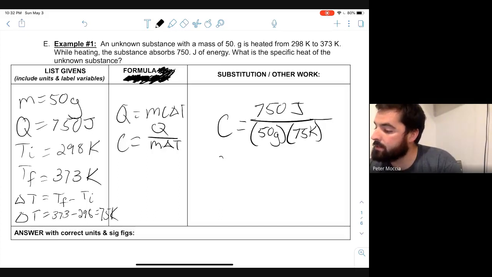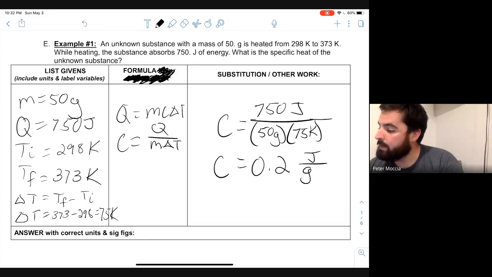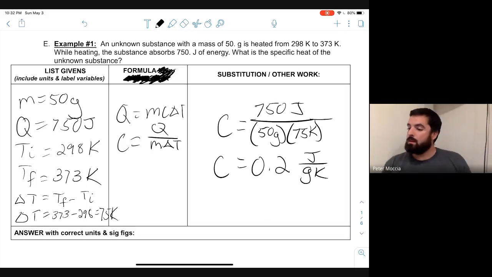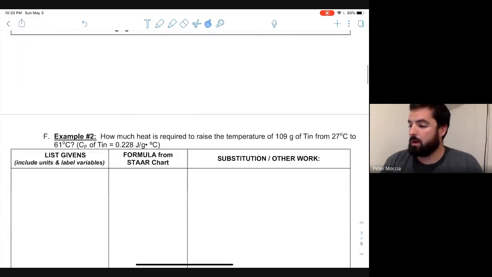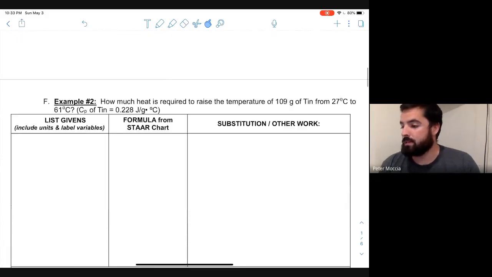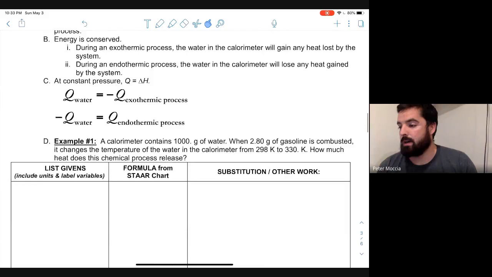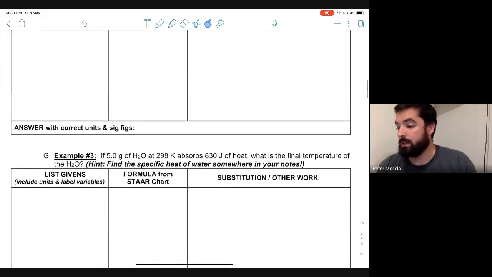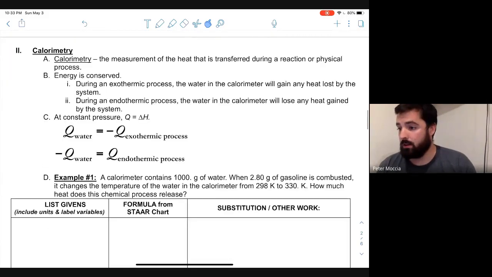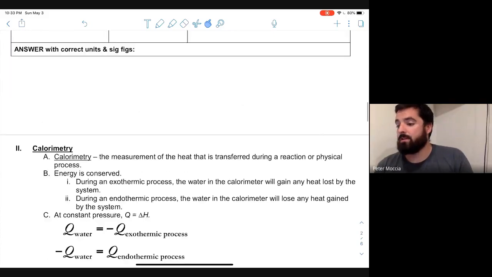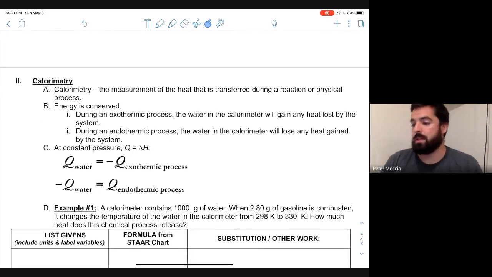Okay, so that's going to be C is equal to 0.2 joules per gram Kelvin. Okay, so the next thing I am going to ask you guys to do these two problems, and then I want to move ahead to talk about calorimetry for a second.